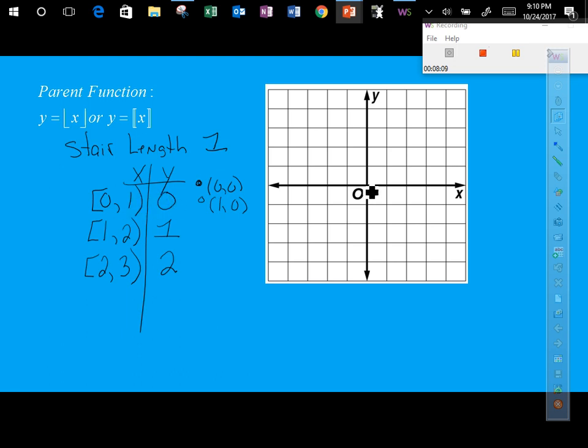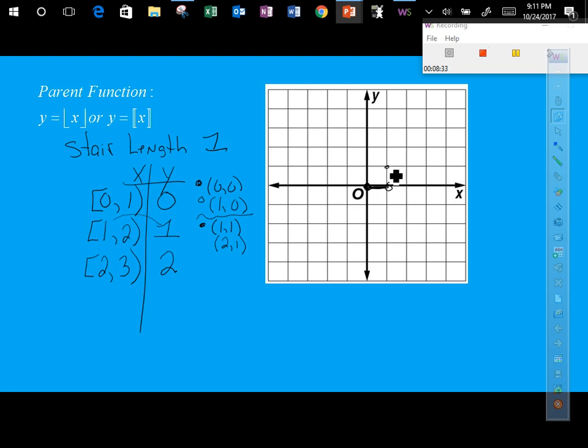So I've got a closed dot at 0, 0. I've got an open dot at 1, 0. So there's my first step. Let's go get our next step. I have a closed dot at 1, 1, right here. I have an open dot at 2, 1.